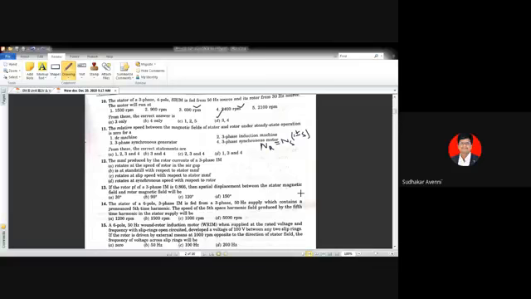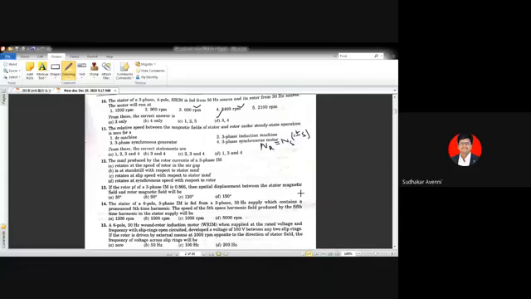So this steady state operation is required for what machines? DC machine, 3-phase induction machine, 3-phase synchronous generator, 3-phase synchronous motor. So the correct statement is that it requires all of these.